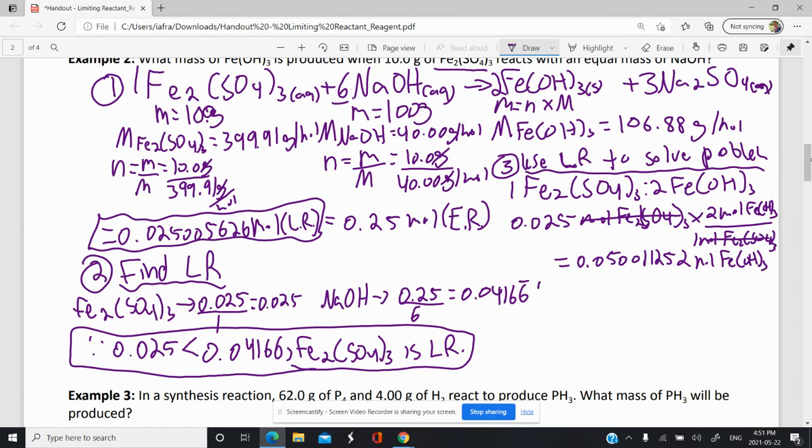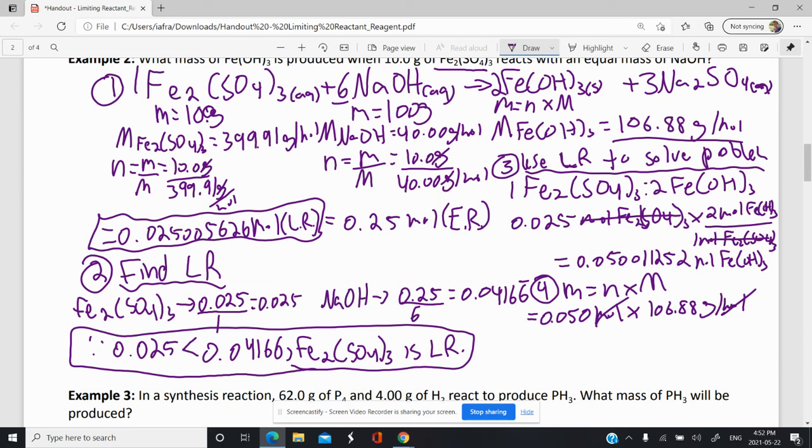Now all we need to do is find the mass. And remember, the mass is going to be equal to the moles of our product times the molar mass of our product, which we already calculated over here. So that's going to be equal to 0.050, I'm not putting everything in there, but it's still in my calculator, times the 106.88 grams per mole.